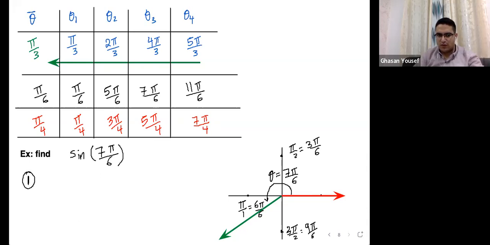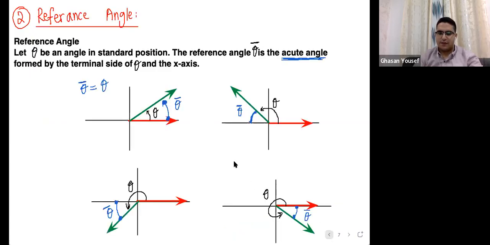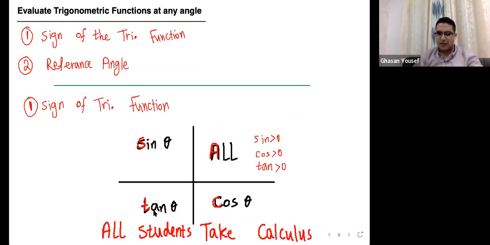What is the sign of the sine function in the third quadrant? It's negative. Exactly, correct. The sign in the third quadrant is negative.